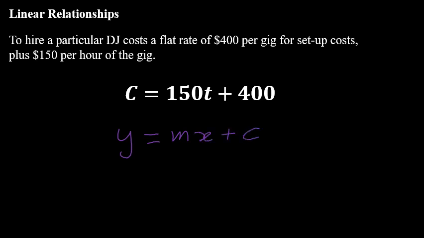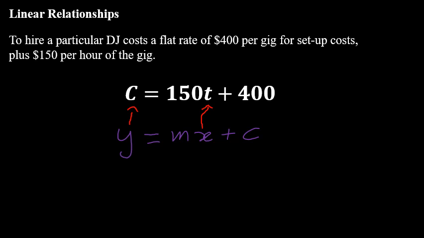And I'm sure that that's something that you guys have seen before, but let's just go over it and make sure we understand what it all means. Y is the value that I plotted on my y-axis. In this case, it is the C, the cost of hiring the DJ. The X is the value that I plotted on my x-axis, which in this case was the time, the number of hours that the gig was going for.